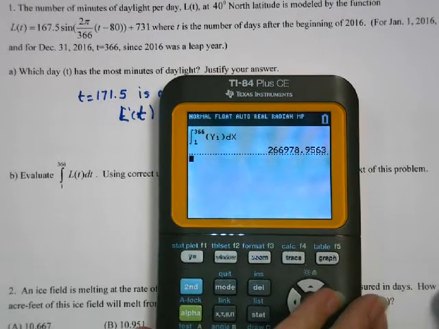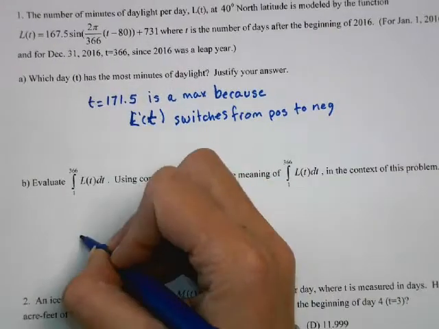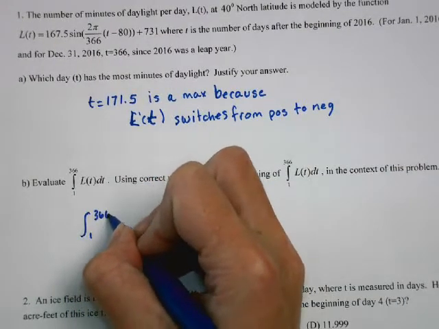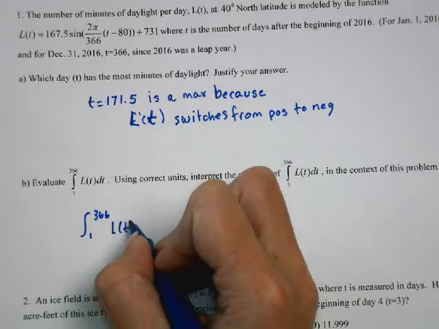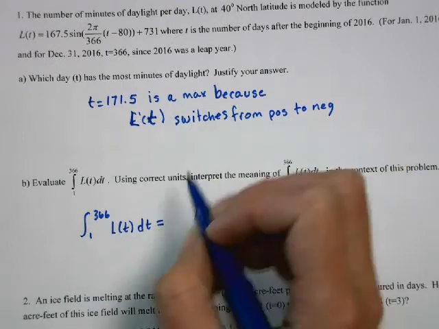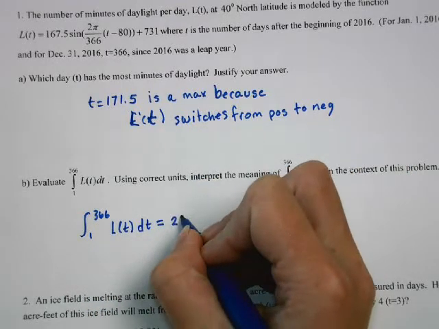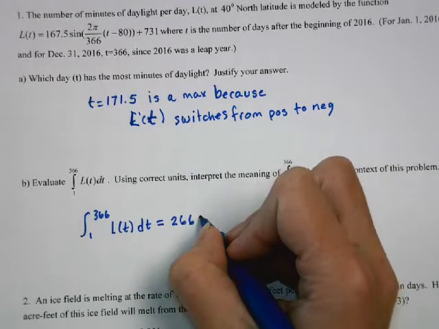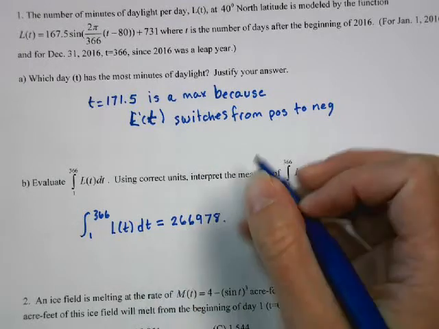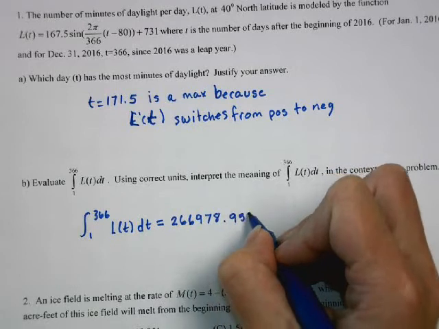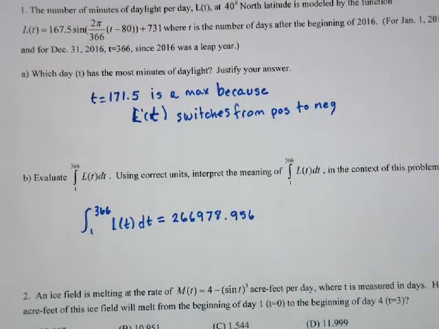So we get this big number. So the integral from 1 to 366 of L of t is going to be 266,978.956. And what is this?